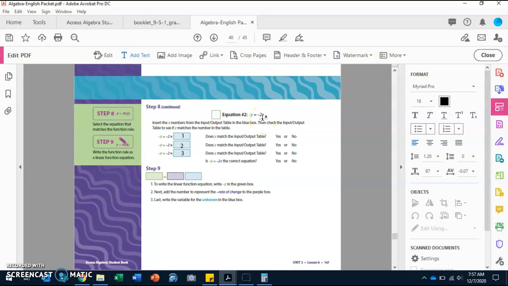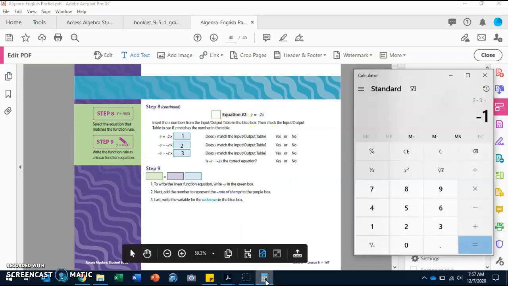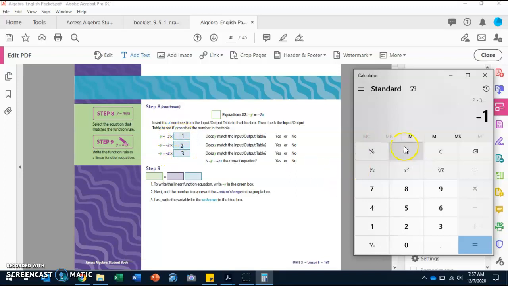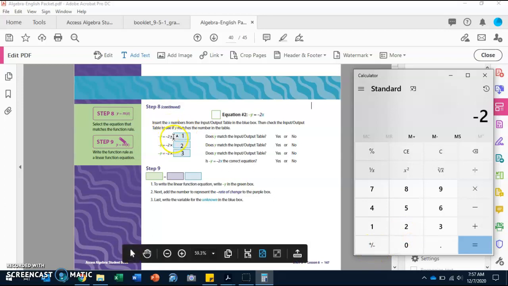Because here the numbers are real close by, so we're not adding, we are not subtracting, and we're not dividing. We are multiplying, guys. So we are going to multiply negative 2 by these numbers. So let's do the first one together. So it's negative 2 times 1.